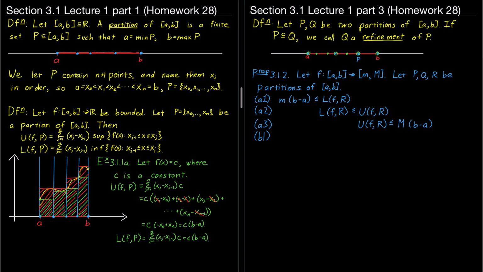So part B is that if Q is a refinement of P, then the lower Darboux sum of f with respect to P is less than or equal to the lower Darboux sum of f with respect to Q. And a very similar condition is true for upper Darboux sums.